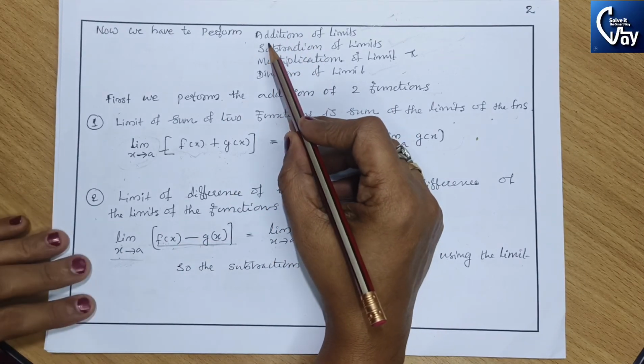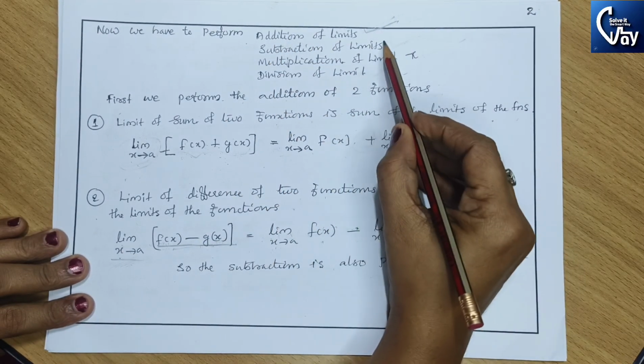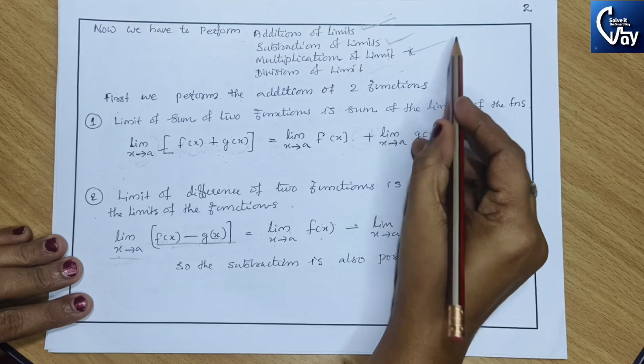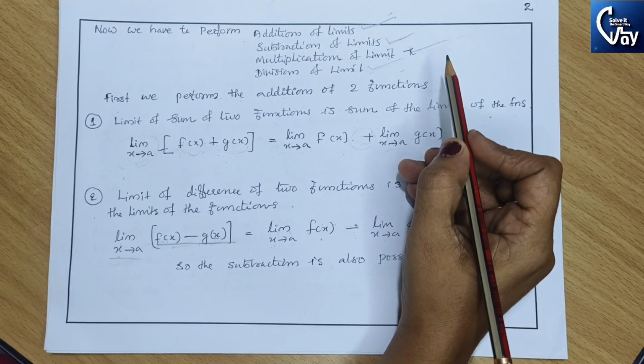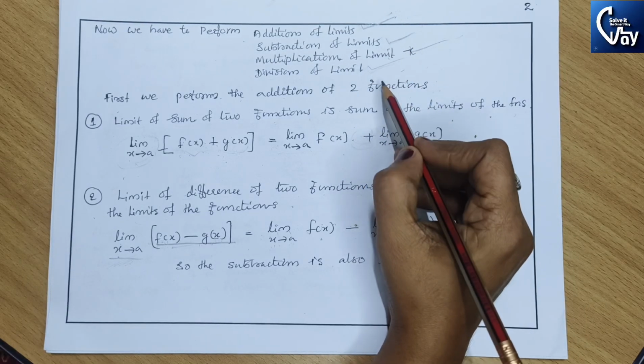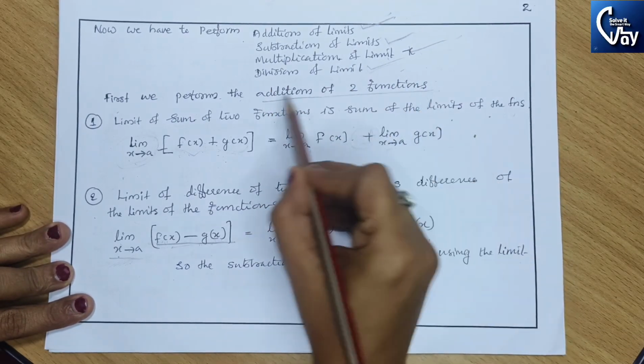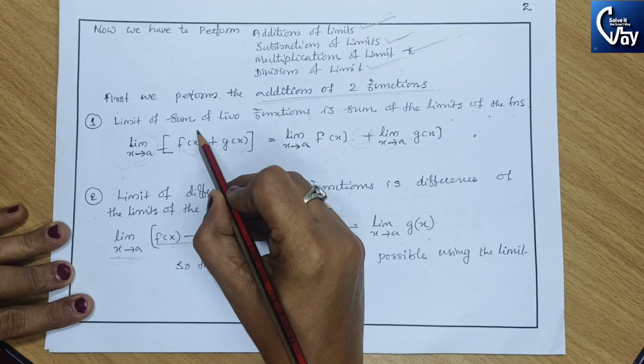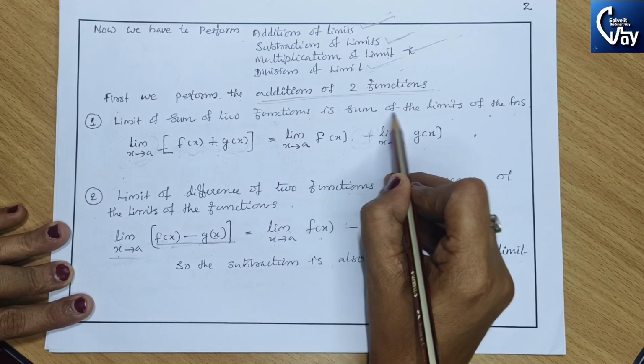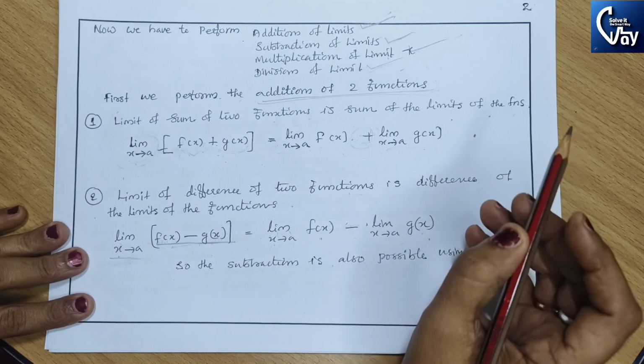Now we have to perform addition of limits, subtraction of limits, multiplication of limits and division of limits. These are the four operations performed on limits. First we perform addition of two functions. The limit of the sum of two functions is the sum of the limits of the functions.